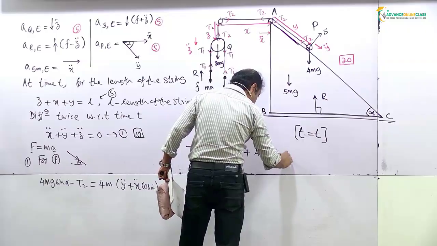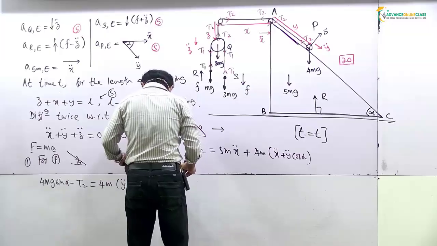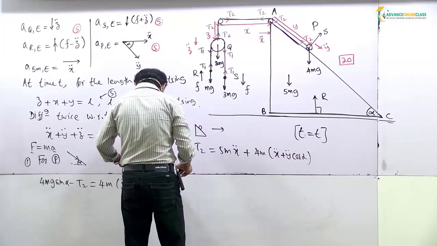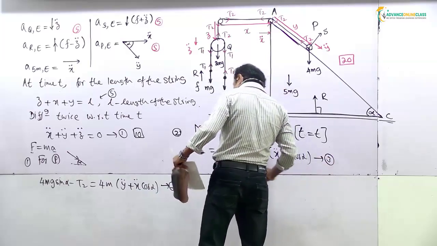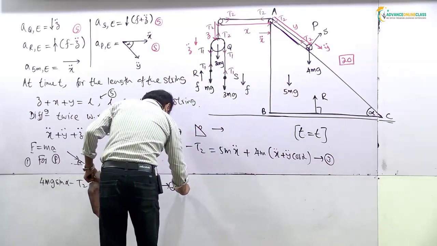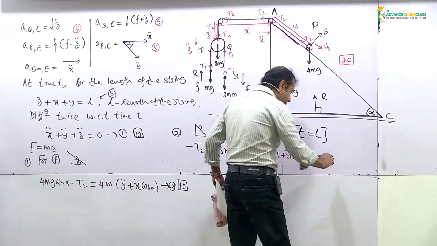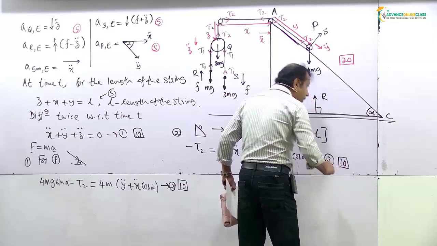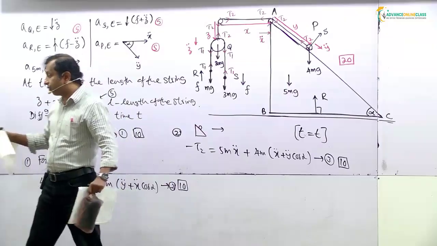This is number 3. For the first equation 10 marks, this one 10 marks. Another 3 more equations we must draw.